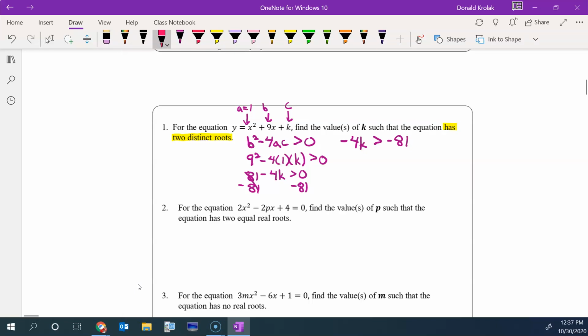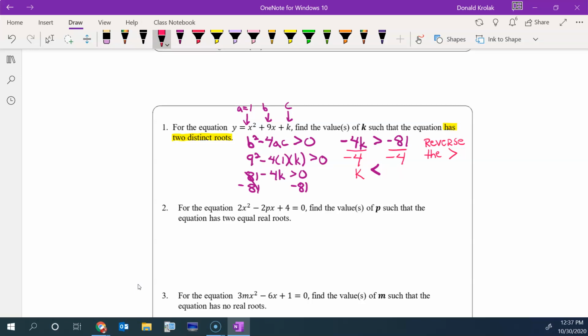All right, now, when you are solving an inequality and you either multiply or divide by a negative, you got to remember to reverse the sign. So this is going to switch from a greater than to a less than because I divided by a negative.